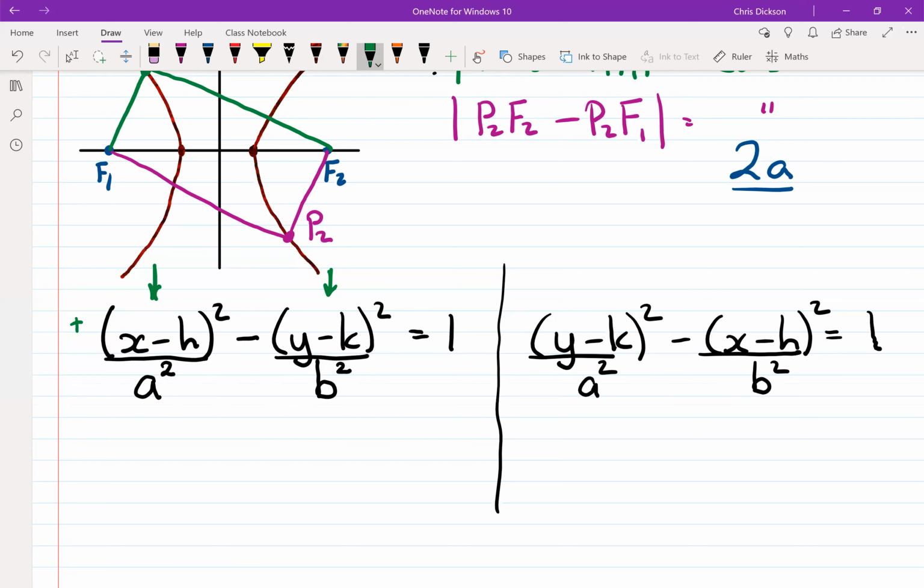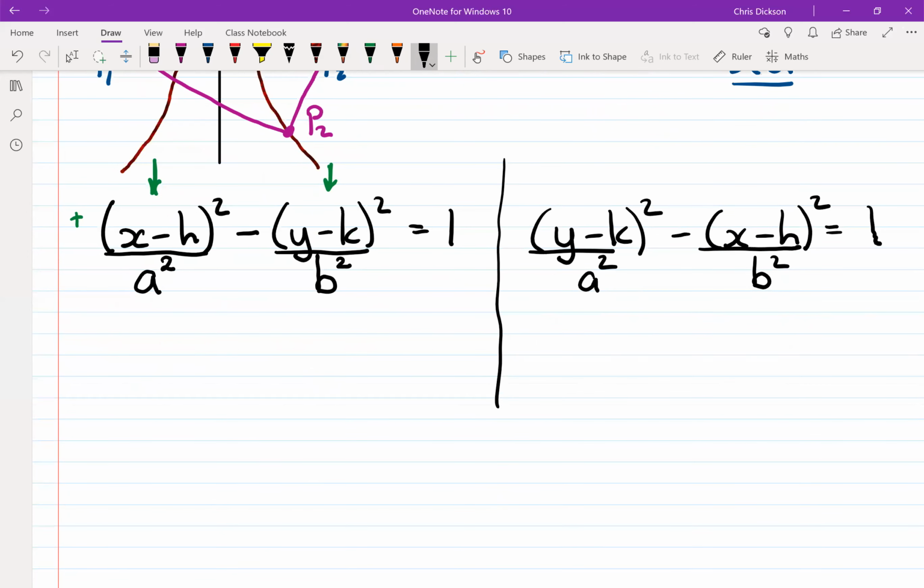Okay, now what do you think h and k tell us? In circles, it was the center. In ellipses, it was the center. Admittedly, in the parabola, it was actually the vertex, but in the hyperbola, it's also the center. So the center of a hyperbola will always be at (h, k).